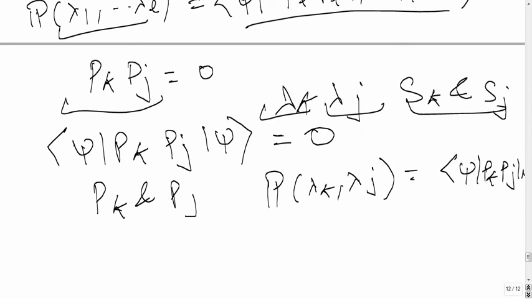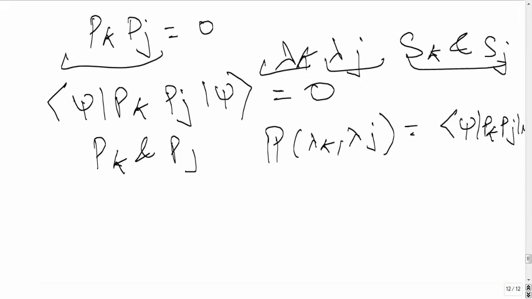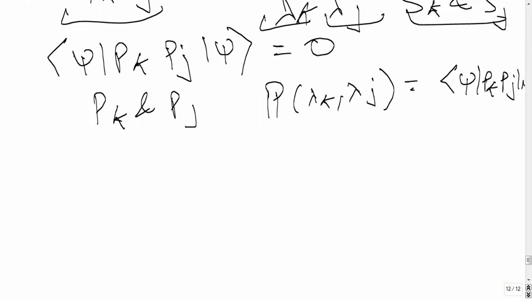So let us explore further the consequences of the fact that two operators A and B are incompatible. That means mathematically that their commutator is not equal to 0, that it does not vanish. So for a physical state psi, consider the following two states.